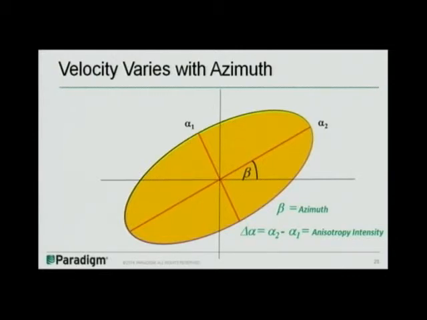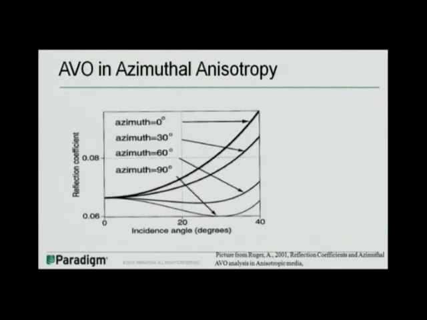And we expect that the intensity of the anisotropy is directly related to fracture density or to stress intensity. The orientation of this ellipse in space will give us the fracture orientation. So we do this analysis point by point, and then we put it on a map, and we can see how it is distributed. It sounds easy, it's not so easy, but it's doable.